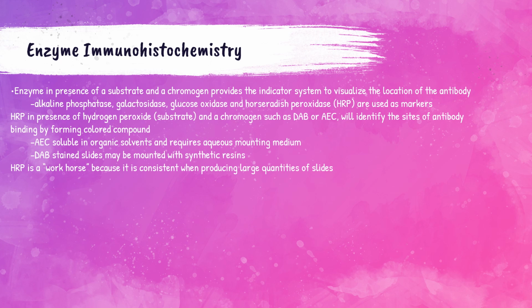HRP is most commonly used and is considered a workhorse because it consistently produces a large quantity of slides. HRP in the presence of hydrogen peroxide as a substrate and a chromogen such as DAB or AEC will identify sites of antibody binding by forming a compound that is colored. AEC is soluble in organic solvents requiring an aqueous mounting medium, where DAB stained slides are mounted with synthetic resin.